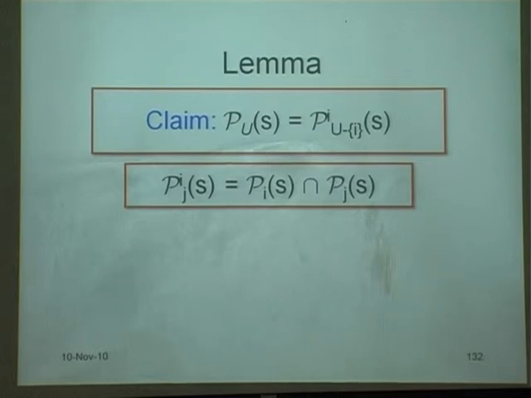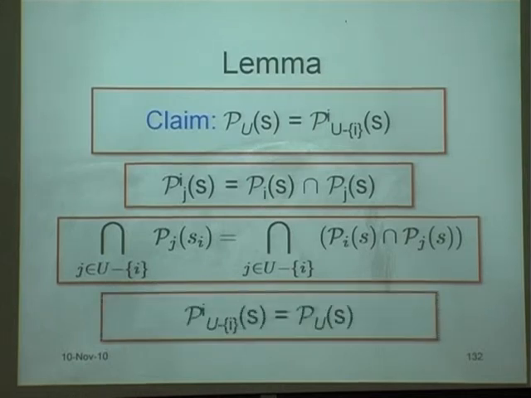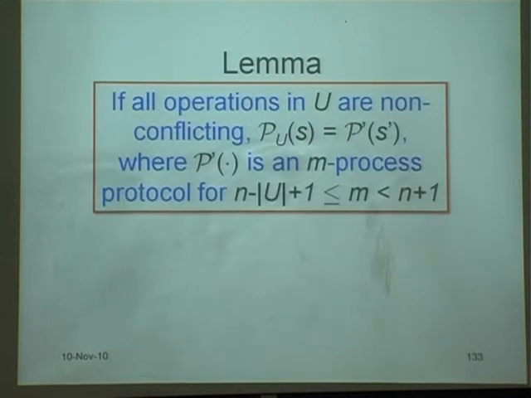So we just showed this. By taking the same trick, we take intersections all over the place, and we get this property. So what we want to show is that if they're, oh, this should be conflicting, not non-conflicting. This is another bug.